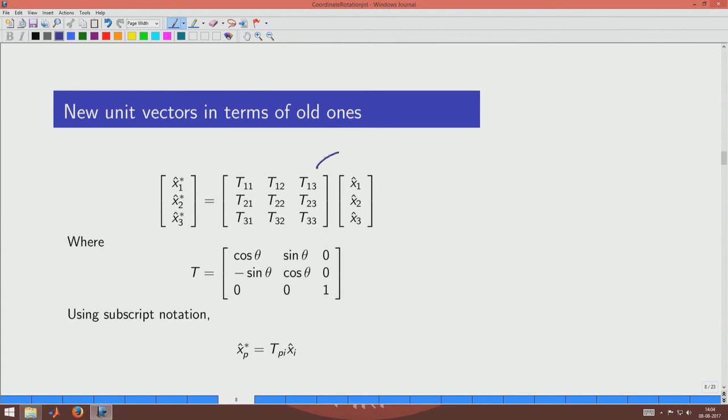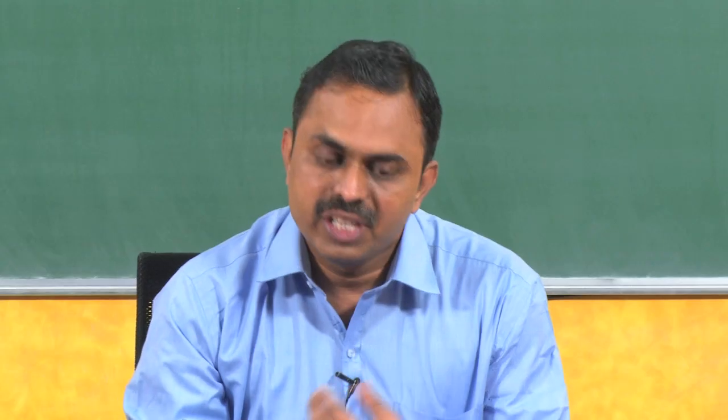It has a specific name: the coordinate transformation matrix. This is unique to the kind of rotation that we have done. When the rotation angle changes, the elements of this matrix also change.